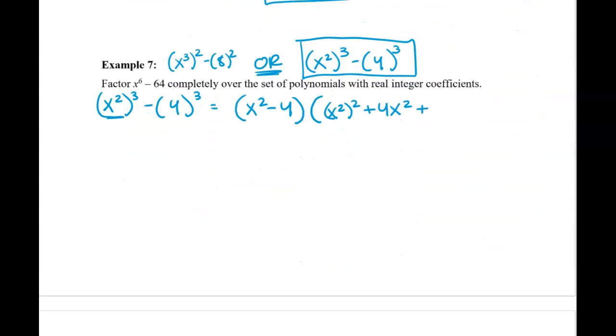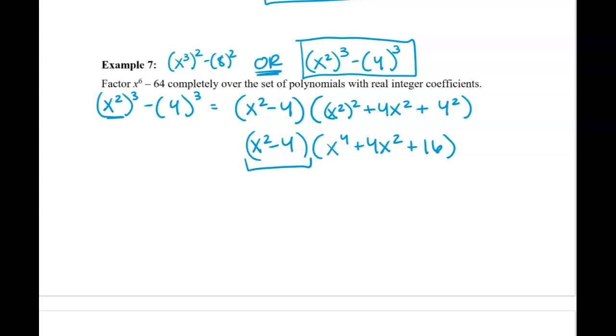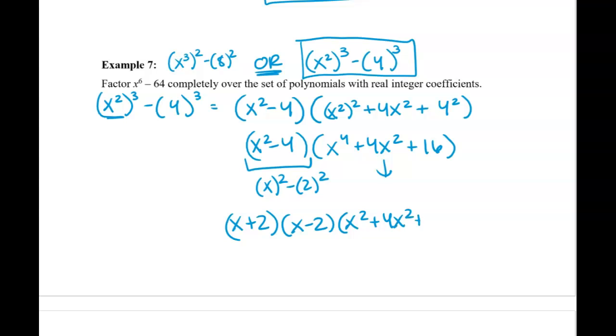The second term squared, which is 4 squared. So we have x squared minus 4 times x to the 4th plus 4x squared plus 16. But guess what? x squared minus 4 is the same as x squared minus 2 squared. So this one factors again. x plus 2, x minus 2, and then we bring down our x to the 4th plus 4x squared plus 16.